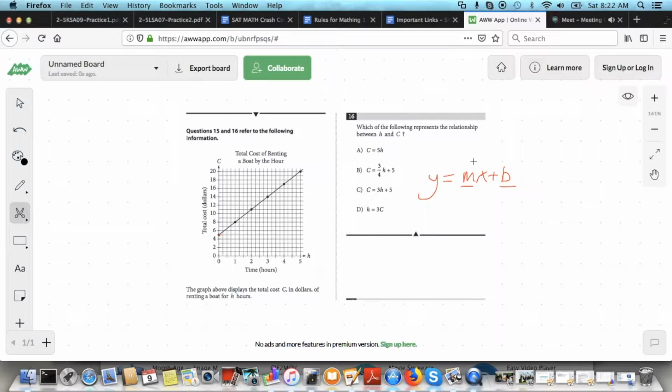So it's y equals mx plus 5. And then the m value, remember, is the slope, and we said the slope is rise over run, so it's up 3 over 1. So y equals 3x plus 5. But again, that would be the c and h values instead of the x and the y values. If that didn't make any sense to you, don't worry about it, because the first way works just fine.